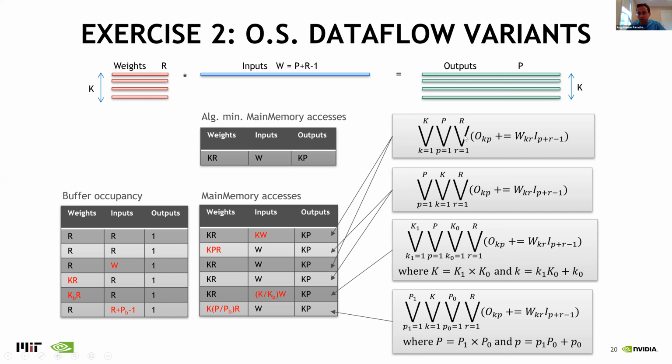But I will point out that the innermost loop in all of these is still R, and so they're all output stationary. But the other loops are different, and some of these are tiled, some of these are not tiled. As a result of all of those choices, you have a lot of variance in the number of main memory accesses, in the buffer occupancy, and so the optimal sizing of the buffer, and that changes all of your energy efficiency trade-offs.